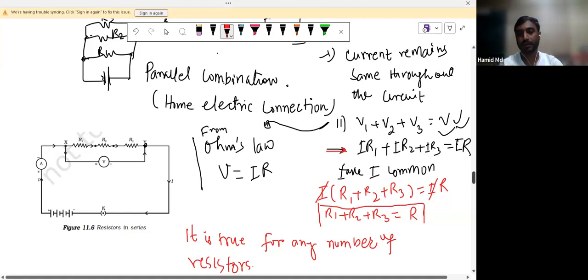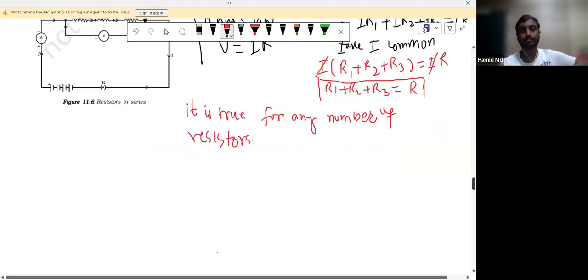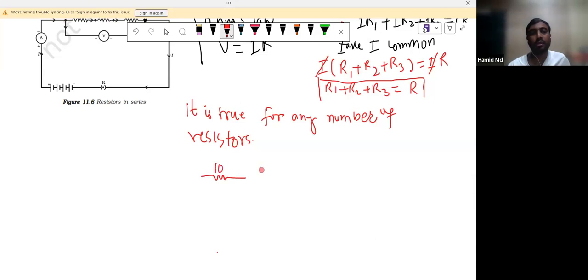It means that this is 10 ohm. What is the unit of resistance? It is ohm. So this is 10 ohm. This is 5 ohm. This is 25 ohm. And this is 30 ohm.